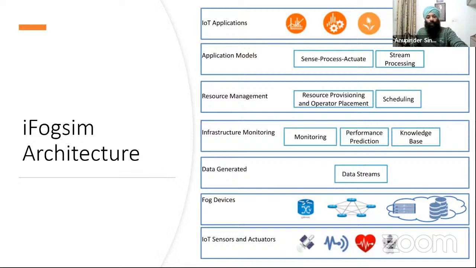I hope you guys have gone through that particular paper. So this is the paper: iFogSim, a toolkit for modeling and simulation of resource management techniques in the Internet of Things, Edge, and Fog Computing environment. This is a beautiful paper from Harshit Gupta and his team.